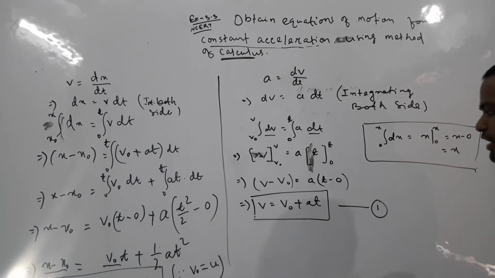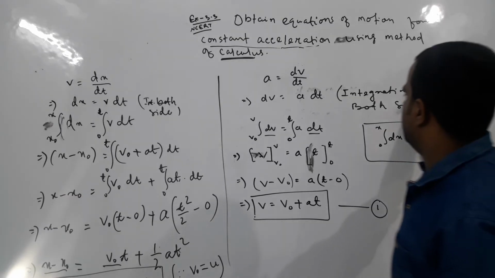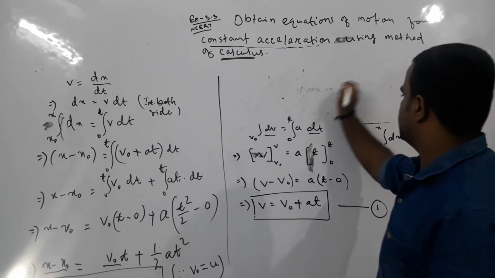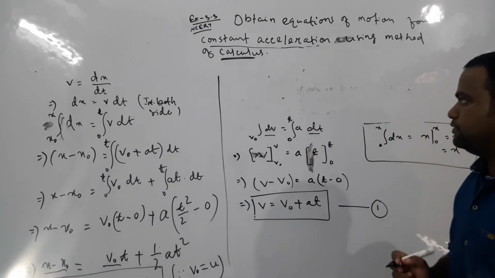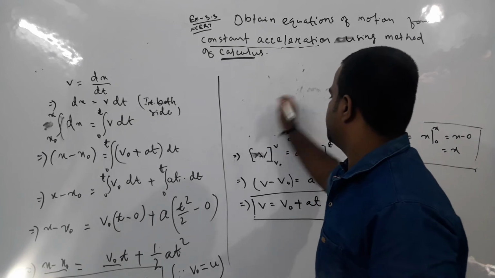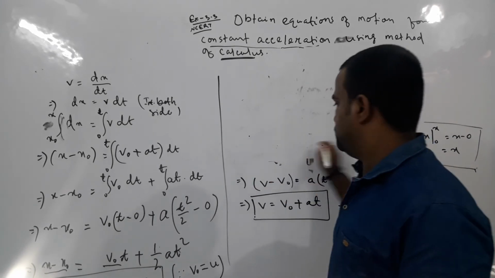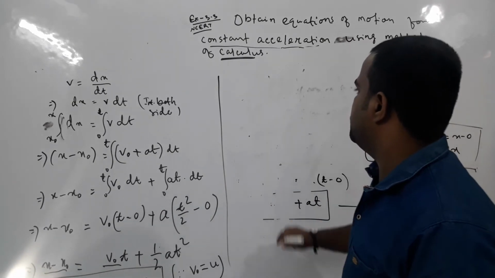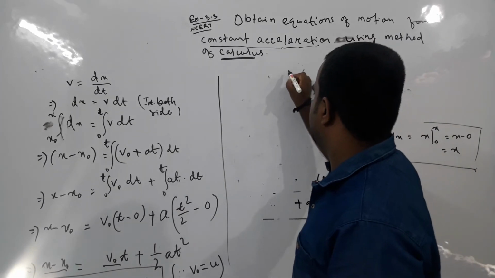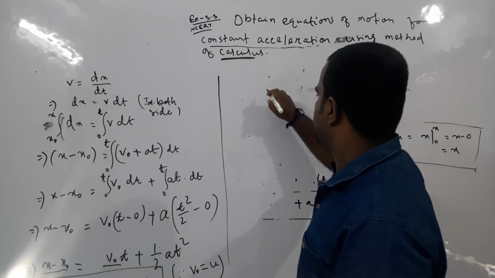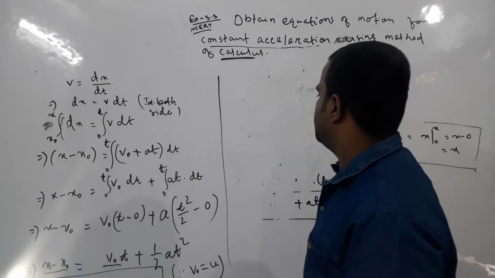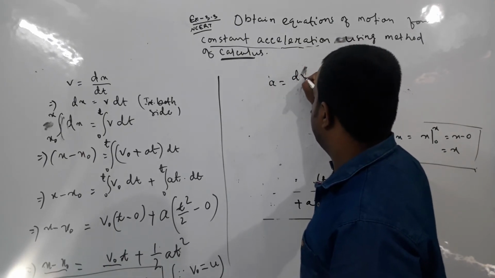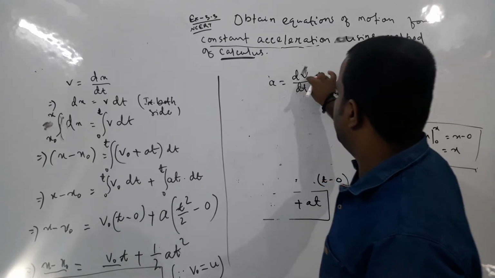Now let's derive the last equation. Now we use the chain rule. You might know the chain rule. We can write acceleration a as dv by dt.